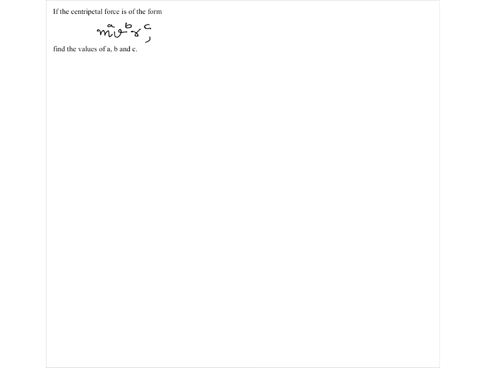You are getting A equal to 1, B equal to 2, C equal to minus 1. Yes, centripetal force is mv square by r. That's correct. Any questions? Let me know. Looks like no problem.